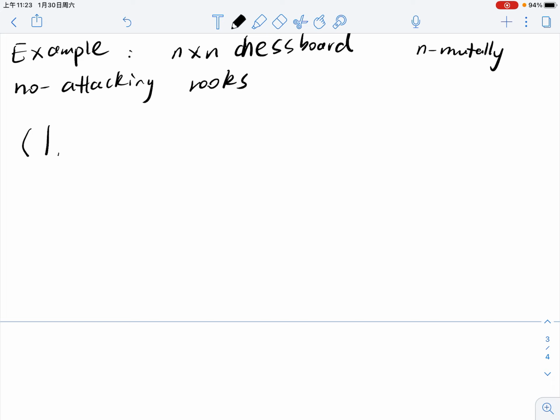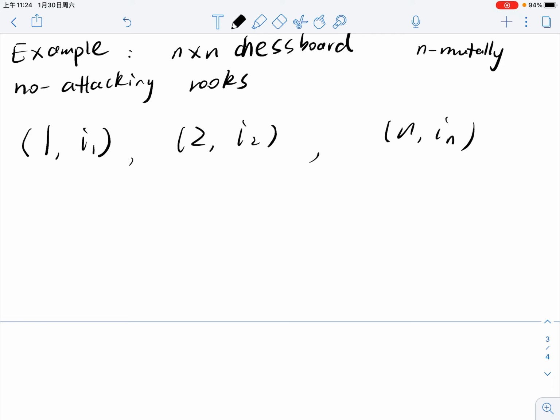The first coordinate is the row, and the second coordinate means the column: (1, i1), (2, i2), ..., (n, in).